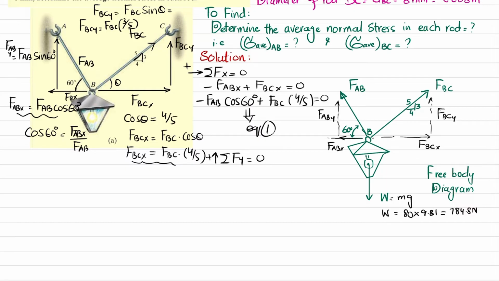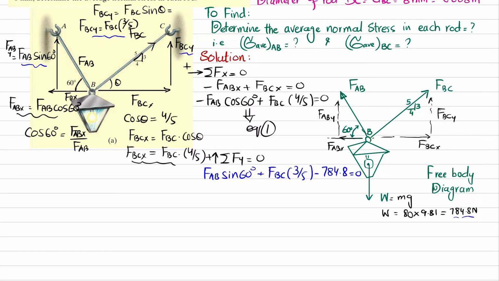So one upward force is FAB sine of 60 degree. Another one is FBCY, which is FBC into 3 over 5. Clear? And the downward force is the weight, which is minus 784.8 Newton.